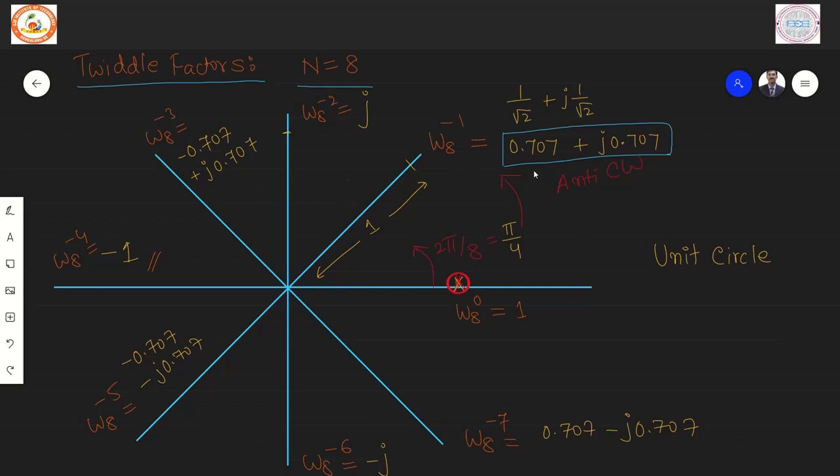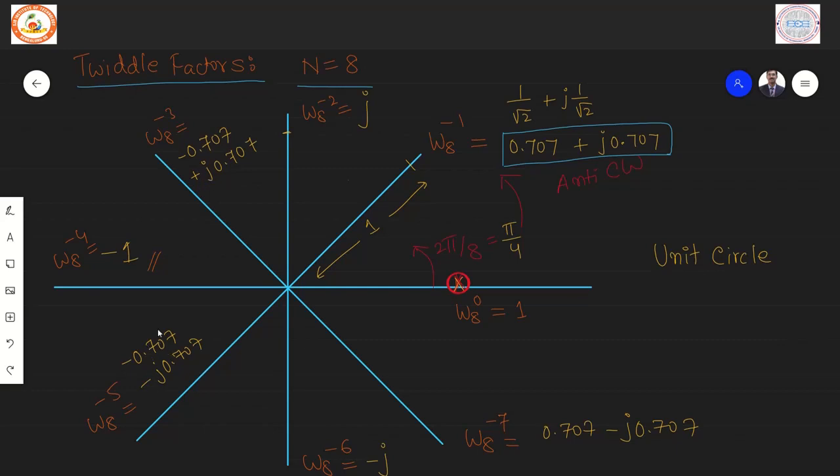The values can be remembered in a very simple fashion as 1 by root 2 plus j 1 by root 2, or in terms of numbers it is 0.707 plus j 0.707. On the basis of the quadrant you can easily calculate the value because the numbers are same but only the sign depending on the quadrant will vary.